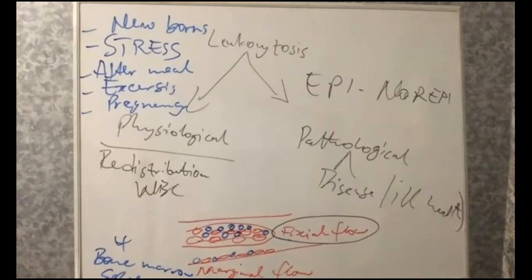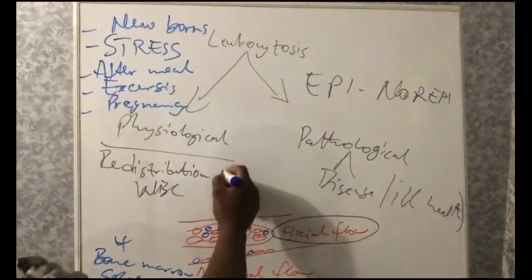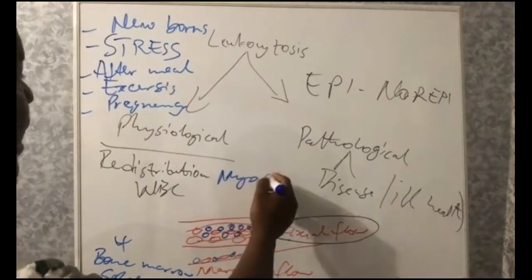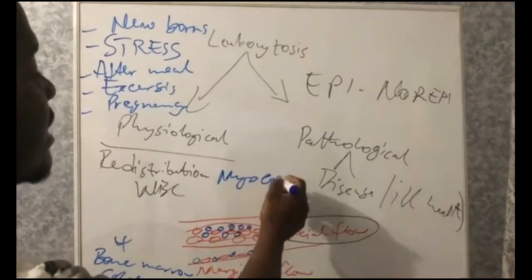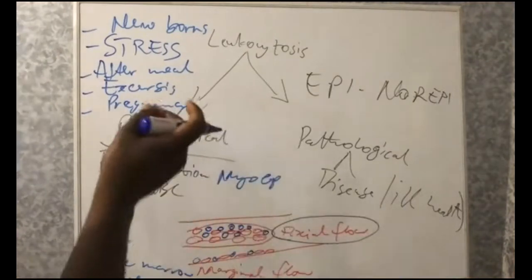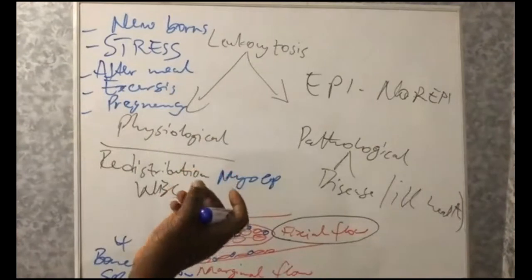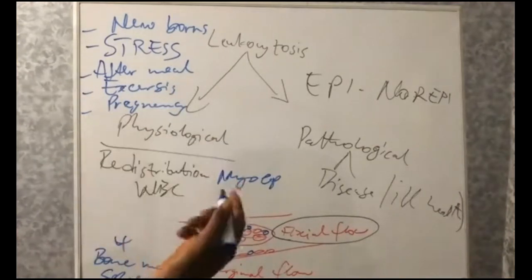So you want to know exactly how they cause the white blood cells to move? Yes, please. So normally there are some cells that we call the myoepithelial cells. For instance, in the spleen, there are cells which contain myofibrils. Those myofibrils are like those fibrils found in muscles, okay?